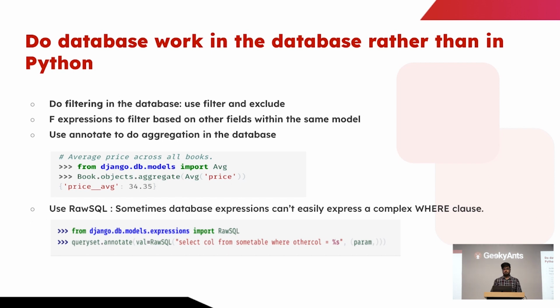Second thing: many of us, when developing APIs, just tend to get the data from the database and then do whatever we want later. For example, if I need to find the books of a particular author, what do good coders do? They use dot filter, right?